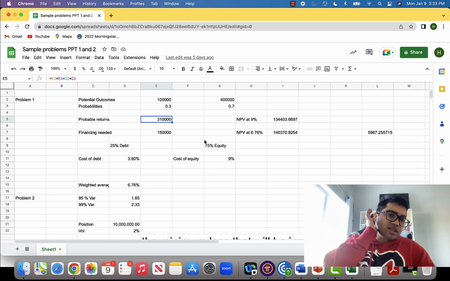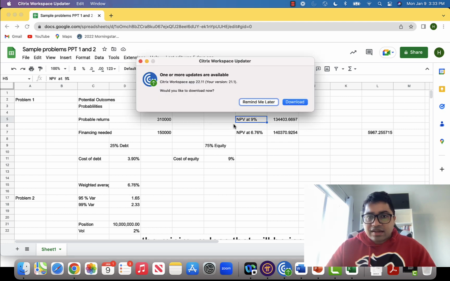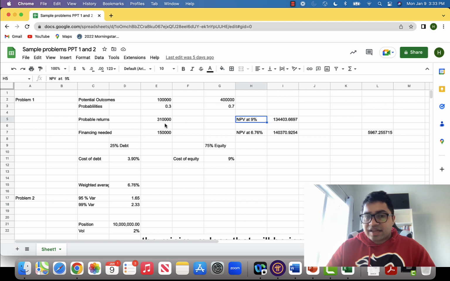Now there are two options. First is you do everything at 9%. You finance this opportunity at 9%, so 9% is the rate of expected return for you. So you will calculate the NPV, the present value of this, because this is going to happen at the end of the year. You will calculate the present value of this at 9%.